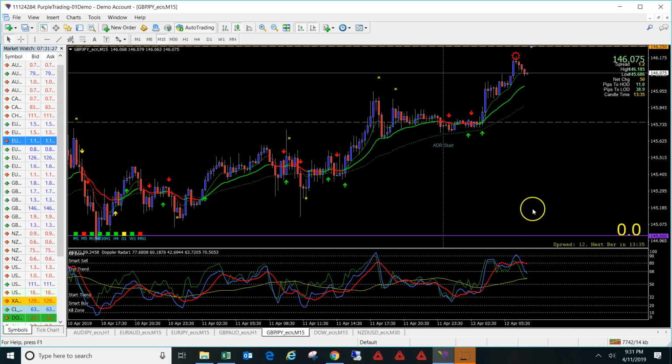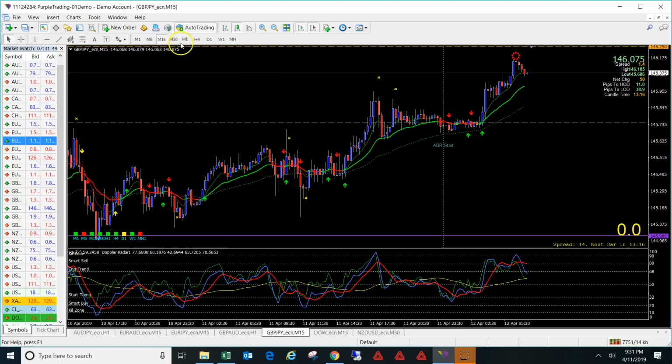Well, you have to be careful, because with this third current, or the second one, price could just come down and bounce right off either one of these. So just keep that in mind.